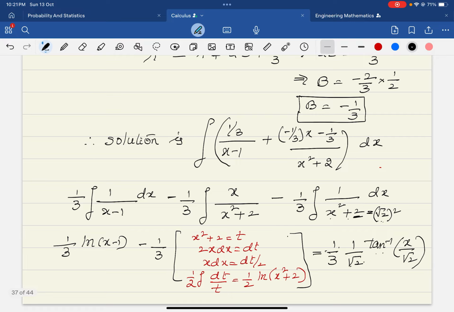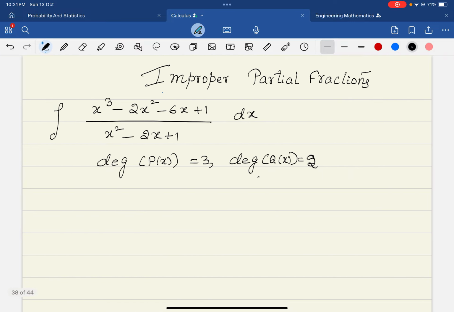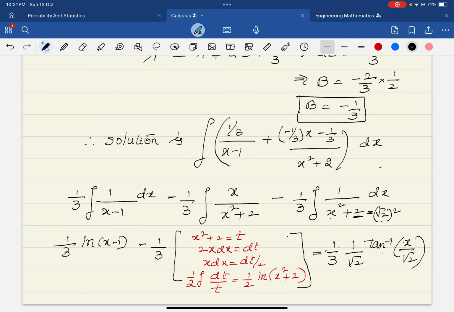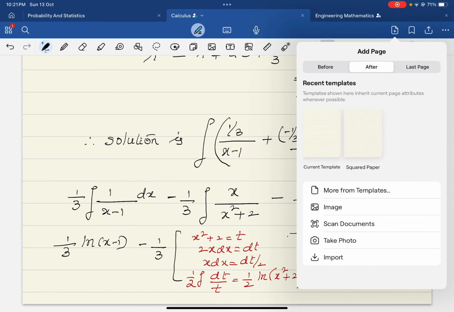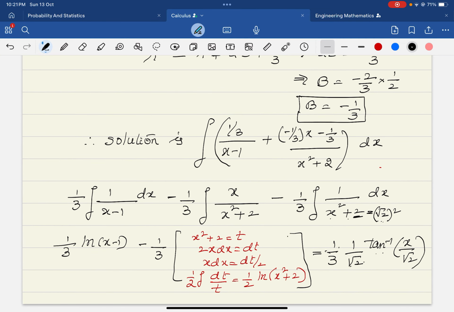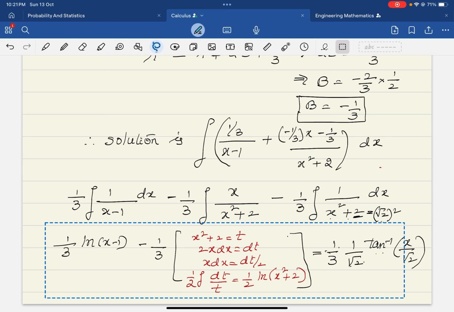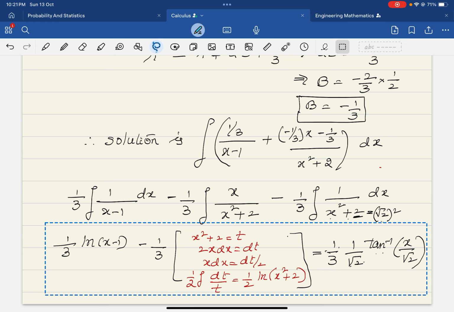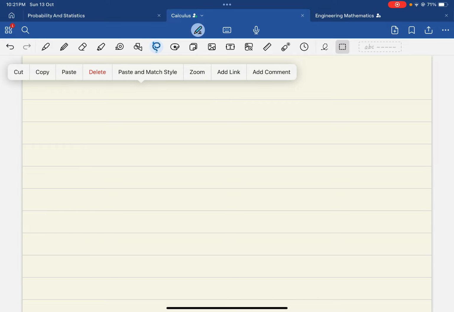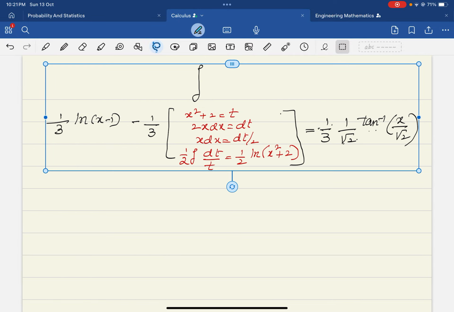So you can simplify, of course. Let us take this whole thing. So now we got this one.